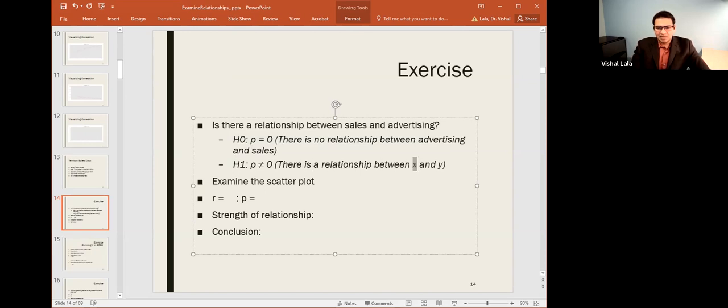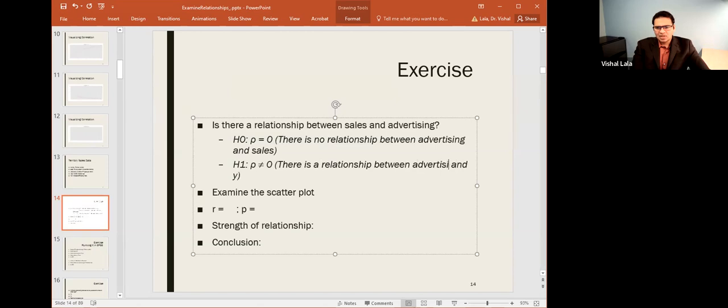But I just have a habit of representing what we expected to be the cause as X and the effect as Y. Okay, so that's our hypothesis, H0 and H1. Our first step is going to be to construct a scatter plot to examine the relationship. A scatter plot is a handy method to examine the relationship amongst any two variables.